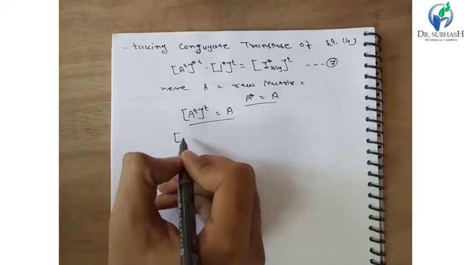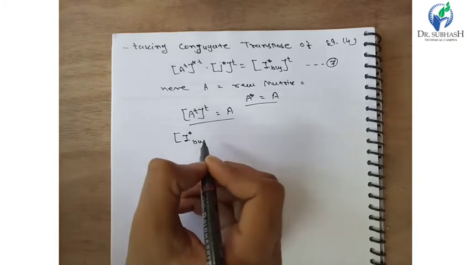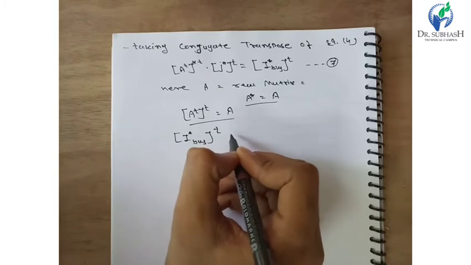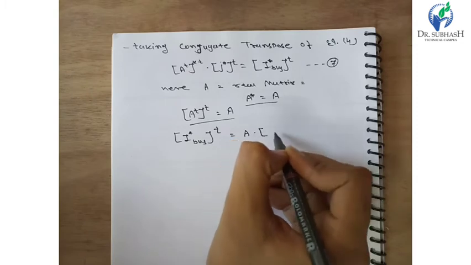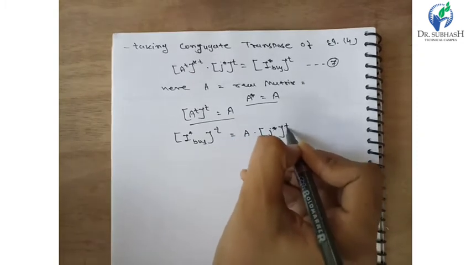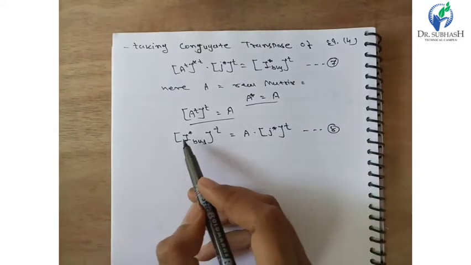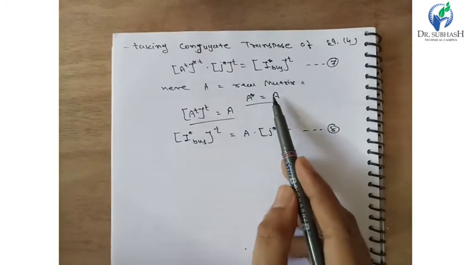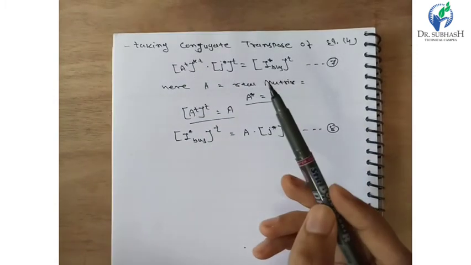I star bus into T is equal to A into J star into T. This is equation number 8. Here the value of real matrix A star is equal to A form. So here the value of the star matrix is in real form.